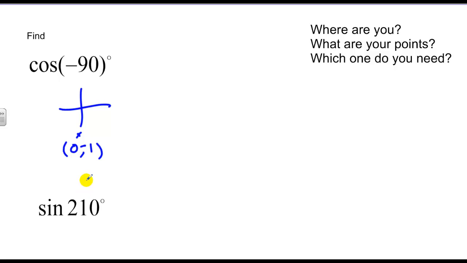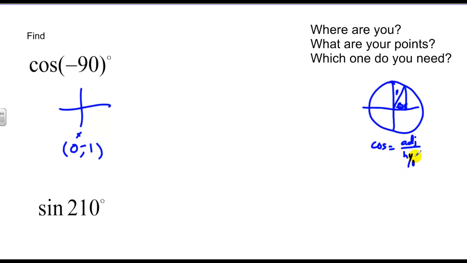Now, if you think about this, let's go to the unit circle again real quick. If I want a value of an angle in general, and I know that this is 1, and I'm looking for a cosine value, and I know the cosine value is the adjacent over the hypotenuse, but my hypotenuse in all these cases is equal to 1, then I'm just looking for the adjacent side, where in this case that adjacent side is always going to be x.